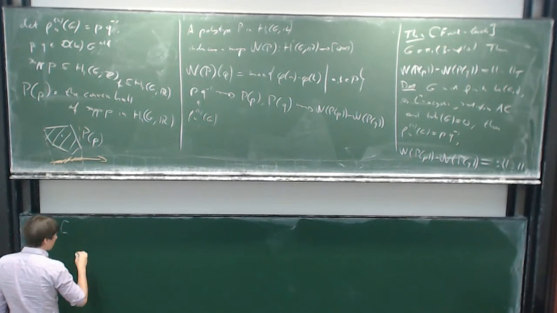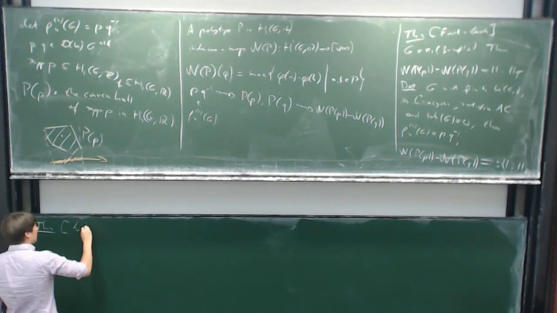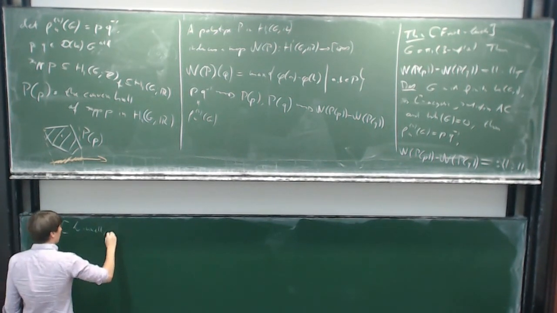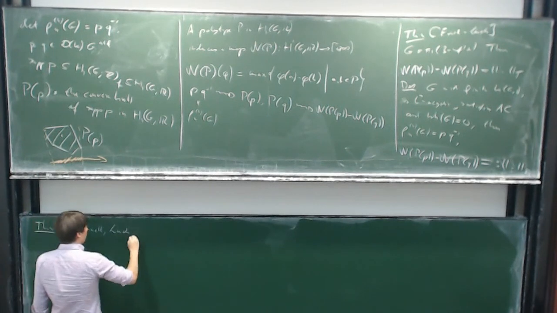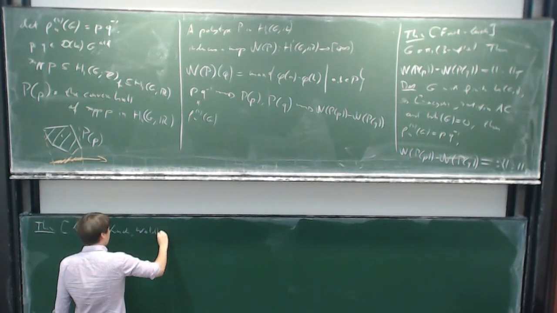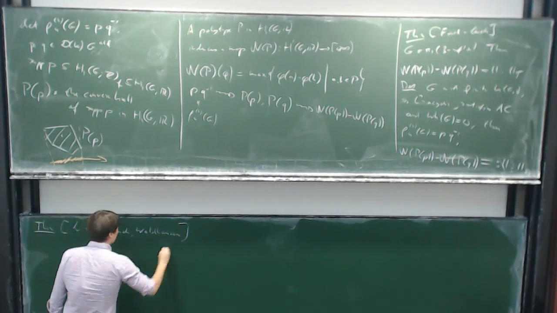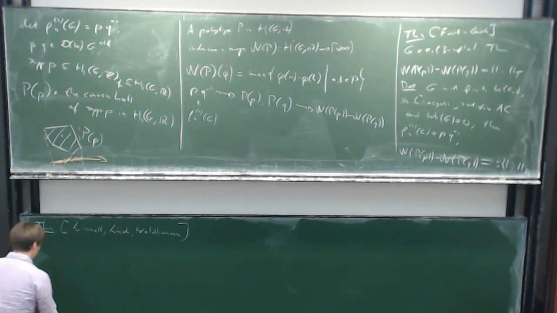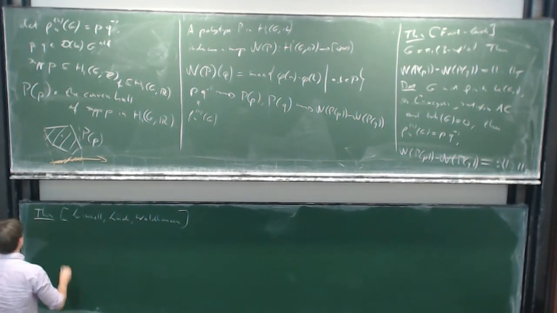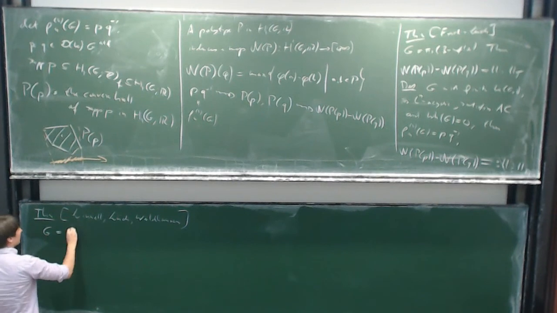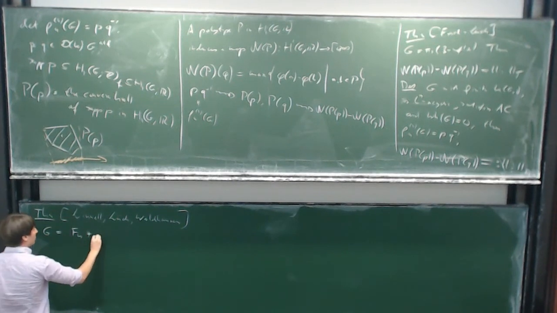It's due to, okay, it will not be alphabetic, I think, so due to Lück, Waldhausen, all separate papers. I hope I didn't forget anything. So let G be an ascending HNN extension of a free group.